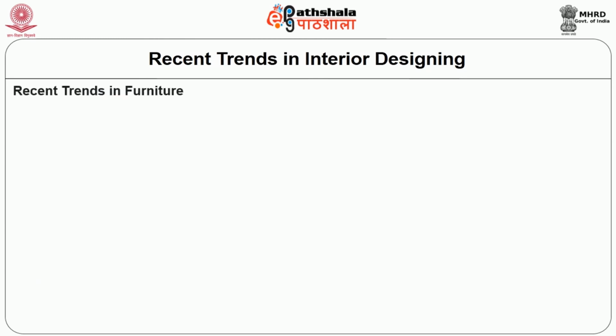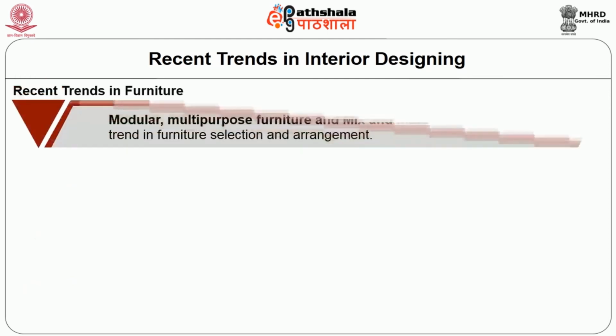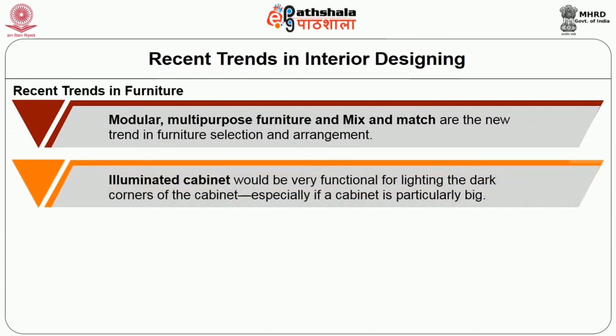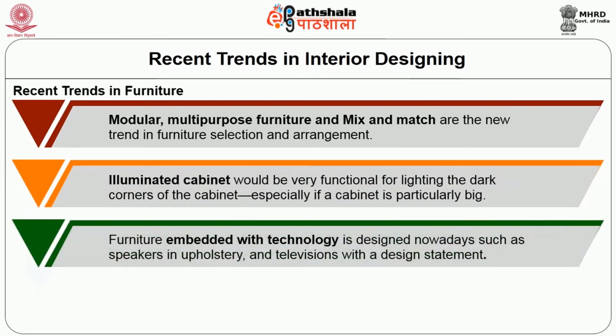Next, we will see about the recent trends in furniture. Modular, multi-purpose furniture and mix and match are the new trend in furniture selection and arrangement. Illuminated cabinets would be very functional for lighting the dark corners of a cabinet, especially if a cabinet is particularly big. Furniture embedded with technology is designed nowadays, such as speakers in upholstery and televisions with the design statement.